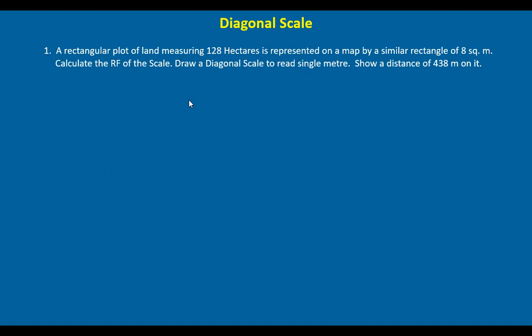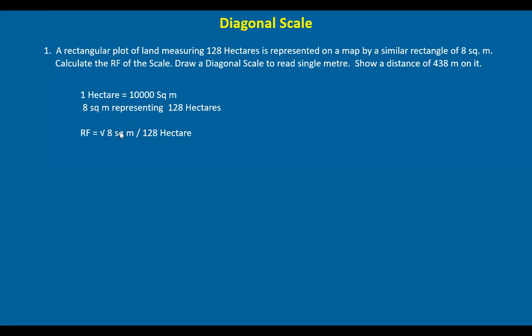So here RF is calculated like this. 1 hectare is equal to 10,000 square meters. Now, 8 square centimeters is representing 128 hectares. That is the data given. Now RF is equal to, because it is a two-dimensional area, we have to take the square root.